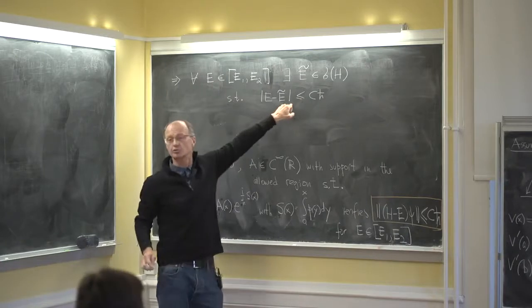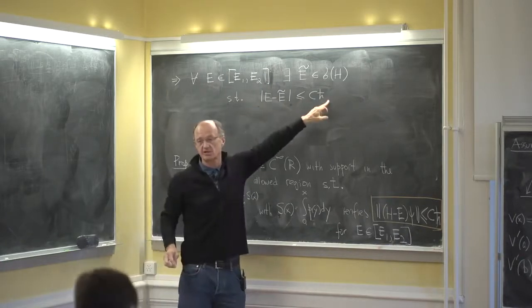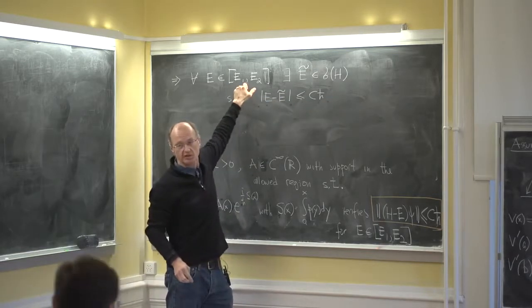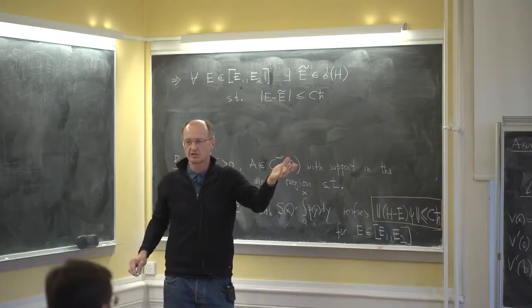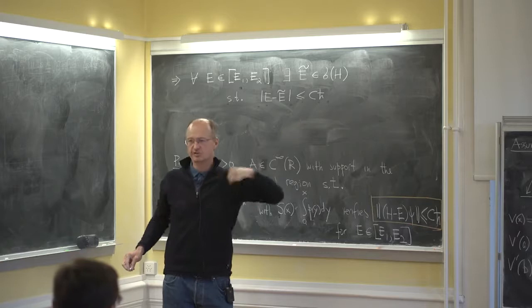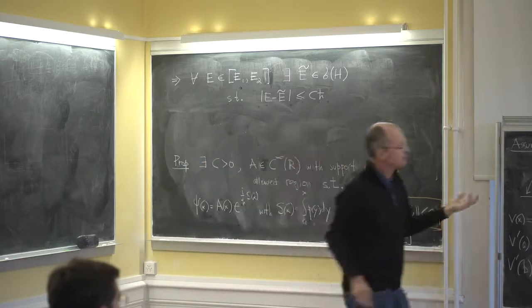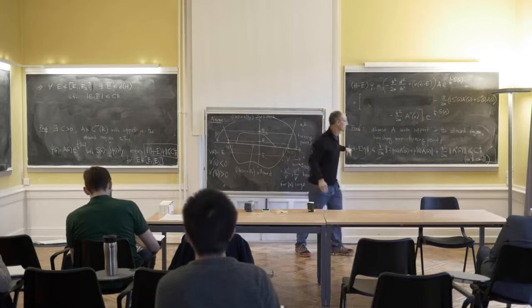If this is not true, if the spectrum is further away than CH from E, then first of all, E is a point of the resolvent set. Then there is an inverse, and you have a bound on the norm of that inverse. And that bound will simply contradict this, right?